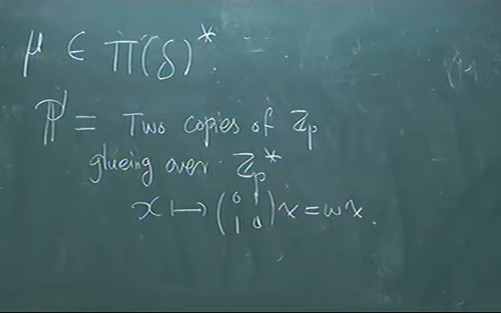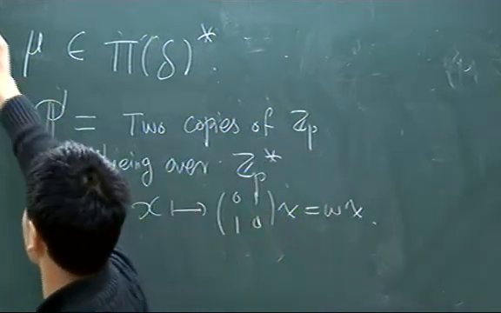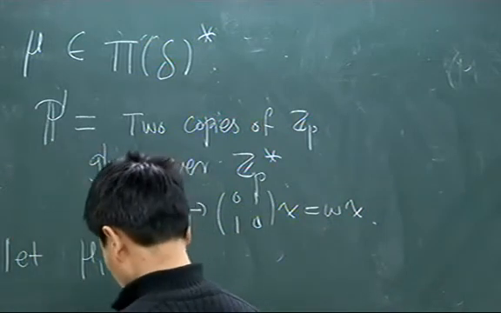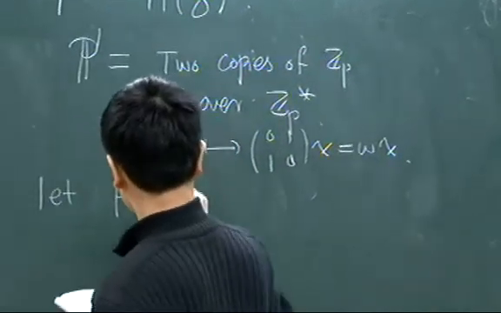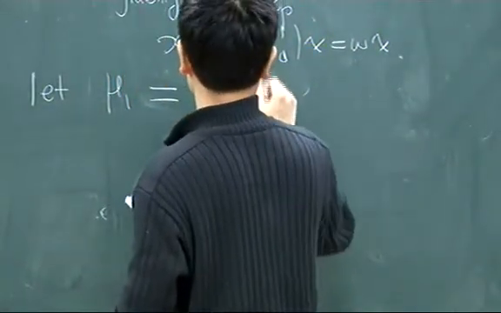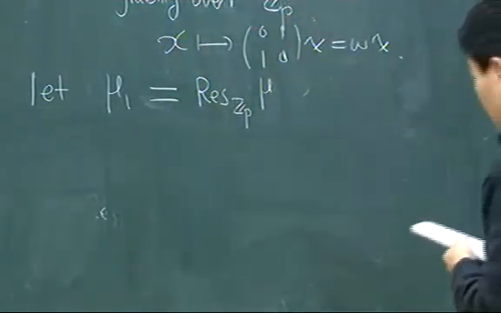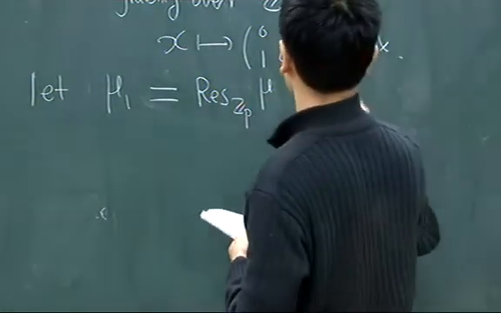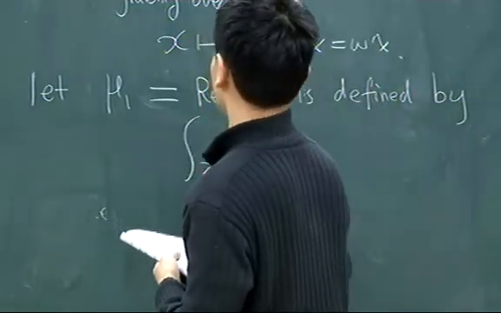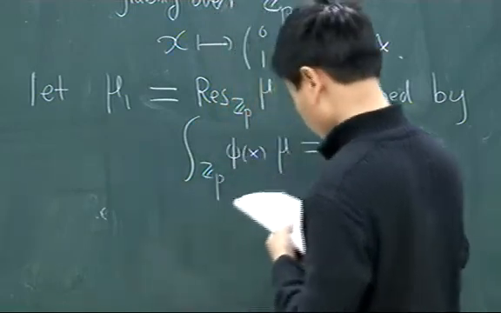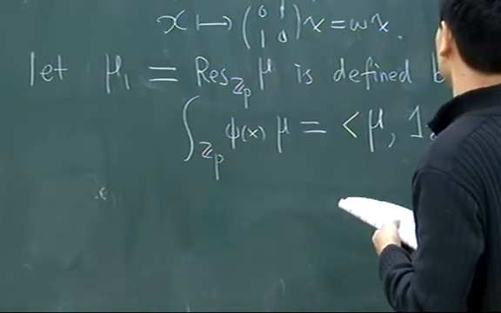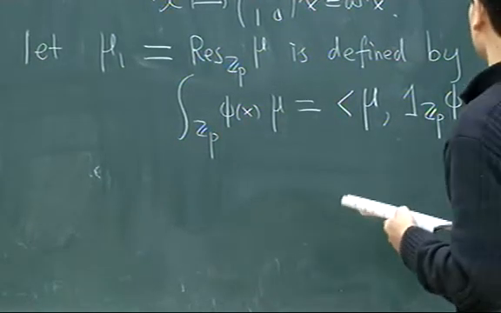Good. So for mu in here, we can let mu1 be defined by, so we can write down as this, but at this time you don't know what this means. It is defined by, say, V_p phi x mu is just this phi, this mu, and then V_p psi, V_p phi.